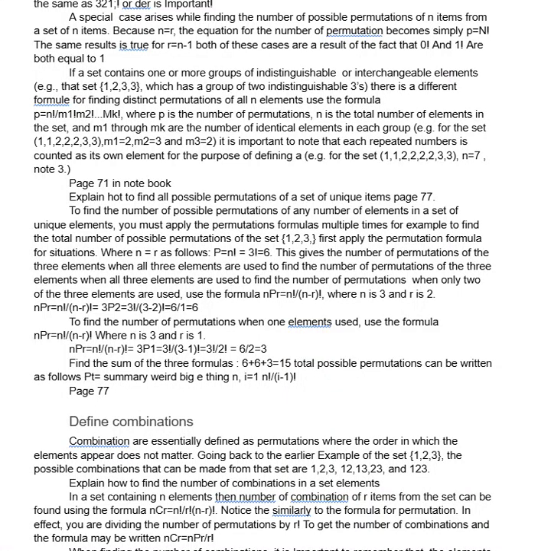This translates to 6 over 1, which simplifies to 6.